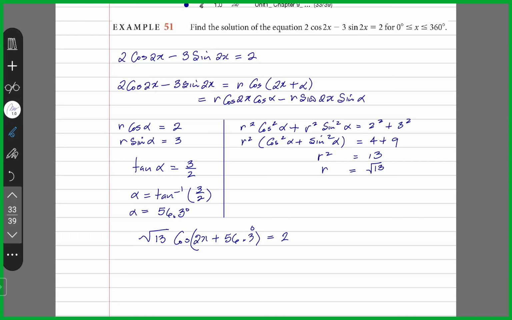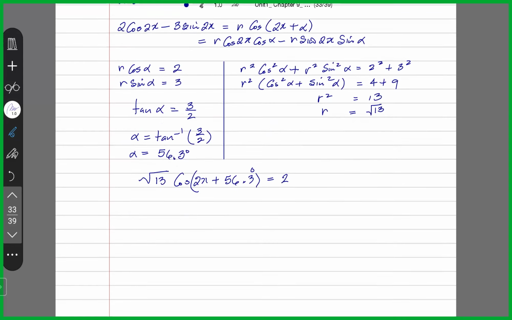Alpha is 56.3 and r is the root of 13. So it means that the cosine of 2x plus 56.3 degrees is equal to 2 over root 13. All I did there was divide both sides by the root of 13.